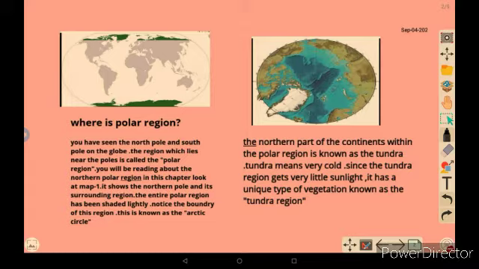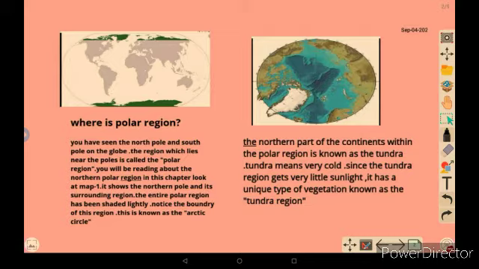The tundra region gets very little sunlight. We also learned about this in chapter 3. We know that the sun's rays fall directly on the equator and slantingly on the poles.